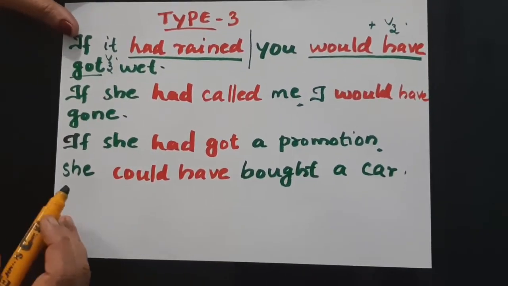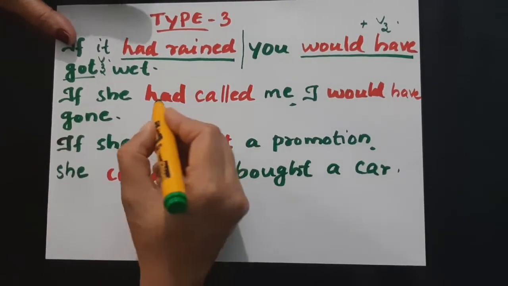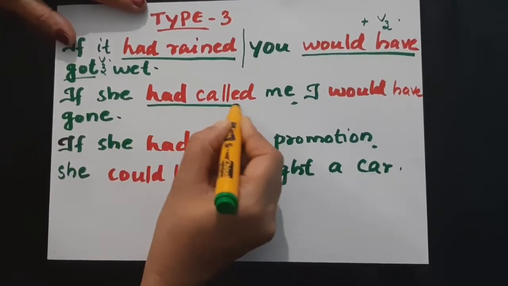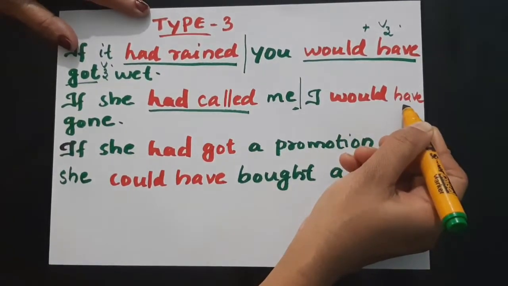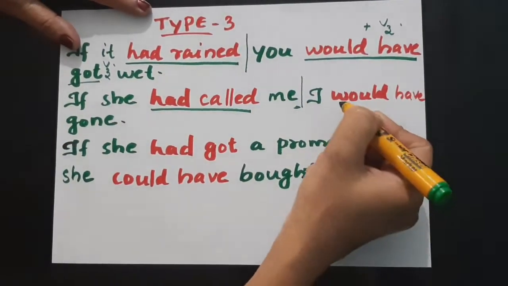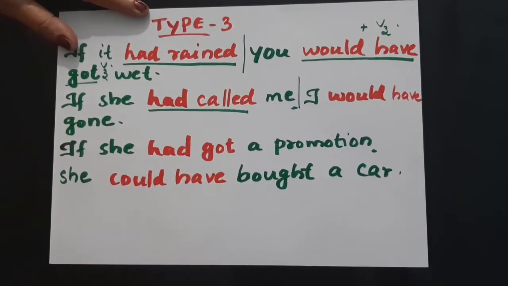Come to the next example. If she had called me, that is the if clause. And this is the result clause, main clause: I would have gone.